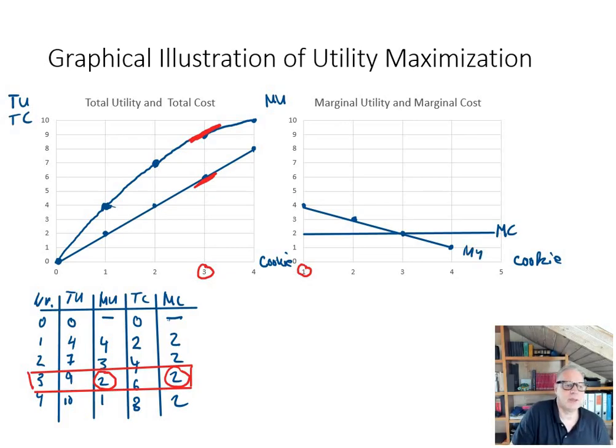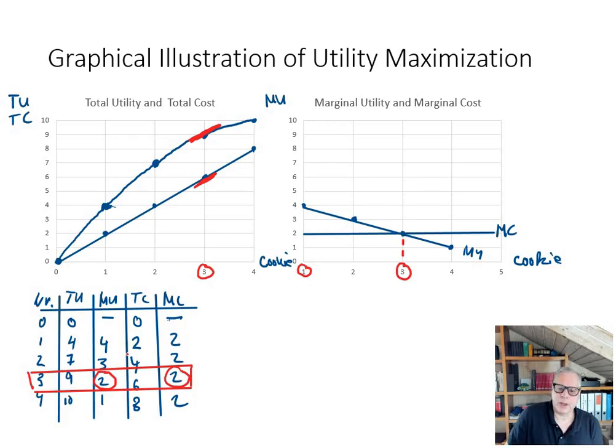And now we see that here at 3 cookies we have the optimum utility, because marginal utility equals marginal cost. And this is what we said in the earlier video: an economically rational individual will expand consumption up to the point where the marginal utility equals marginal cost. And that is the case here.